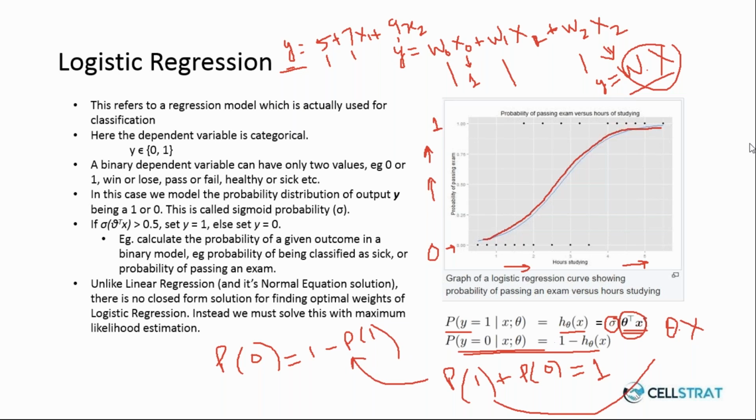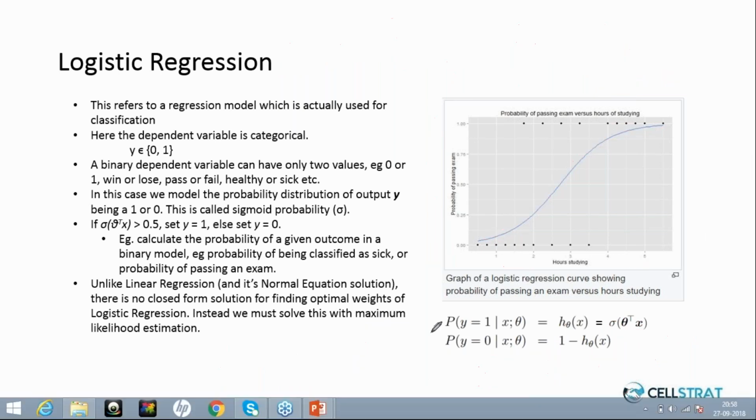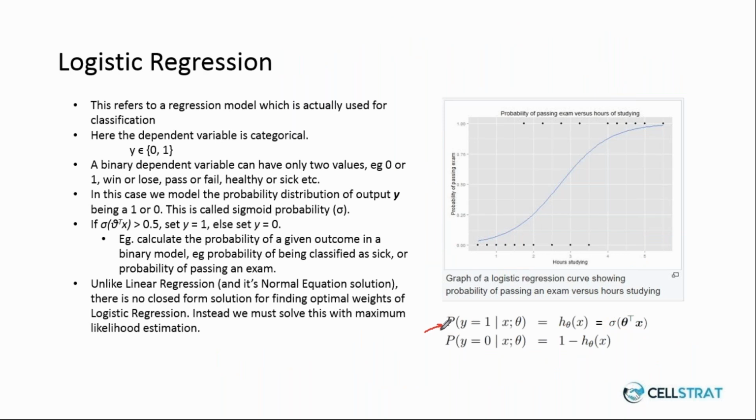So the first equation just represents the probability of output being positive, which is y equal to 1. The second equation represents the probability of output being a 0, which is false. So this is the true result, this is the false result, right? So it's a two-class classification. As you can see here, there are two classes, class number 1, class number 2.